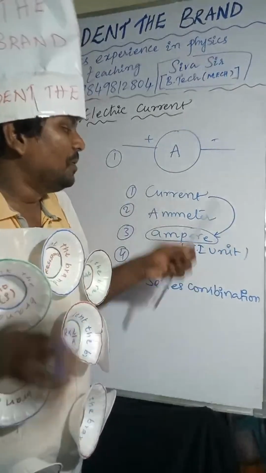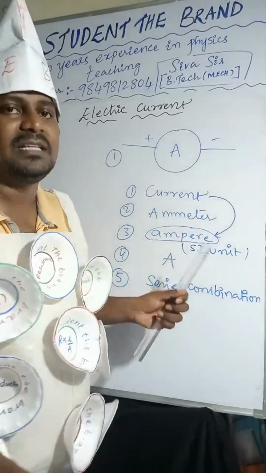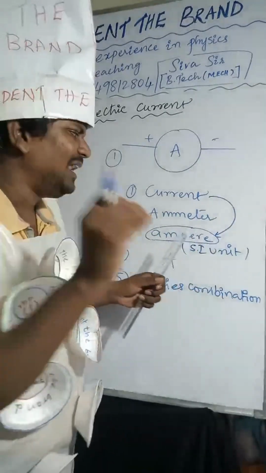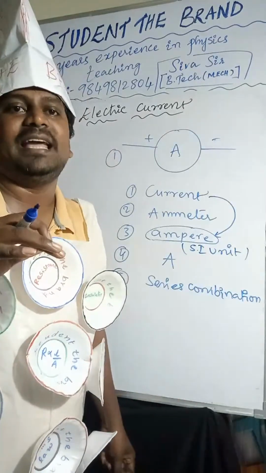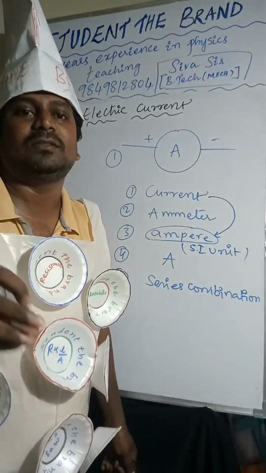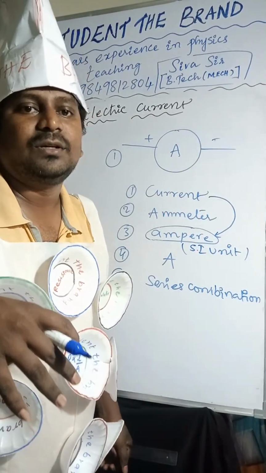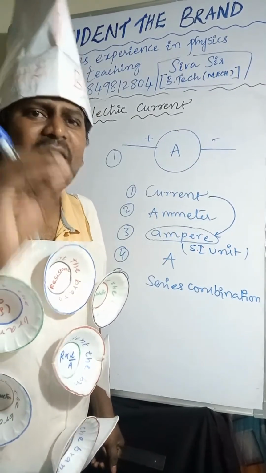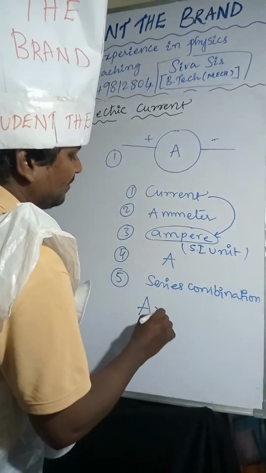Very important, most important. Why am I stressing this point? Because students make silly mistakes and lose 1 mark. Many times, instead of the small letter, they write a capital letter like this.